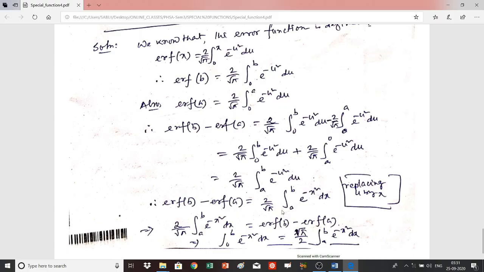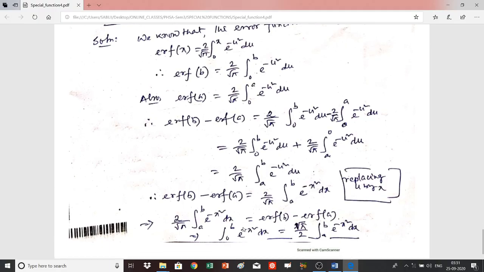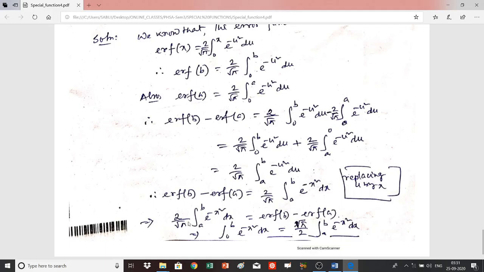So from this relation, erf b minus erf a, that is 2 by root pi, integral a to b of e to the minus x square dx. So you can easily prove from here that 2 by root pi, integral a to b of e to the minus x square dx is equal to erf b minus erf a.